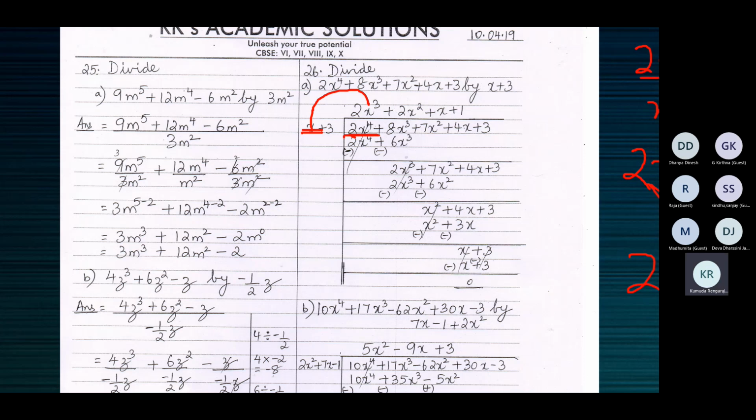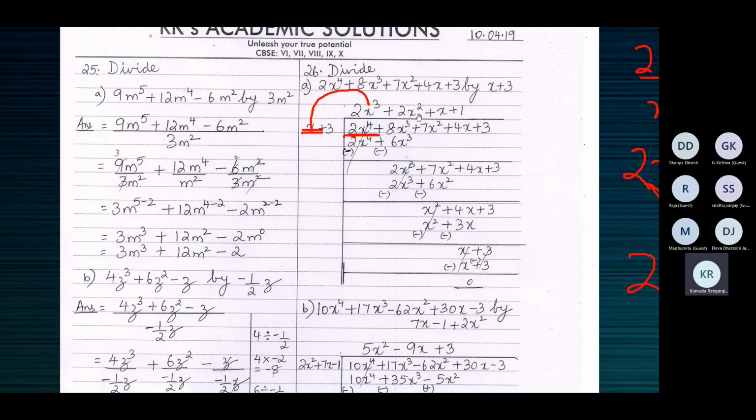Now the most important thing, this is actually the first thing we have to do. When you write the dividend here, you must make sure that you have arranged the terms in the descending order of their powers. That is x power 4 term, then x cubed, x square, x, and then the constant. That is very important.